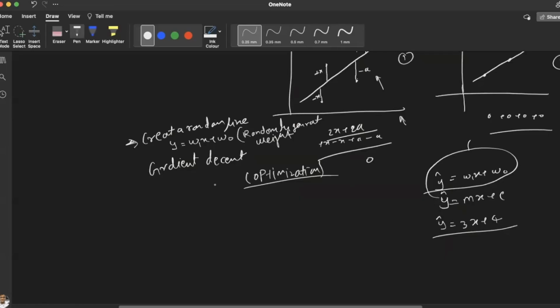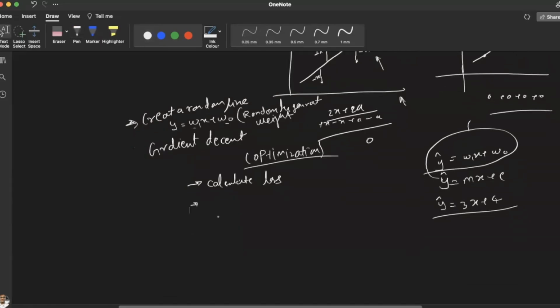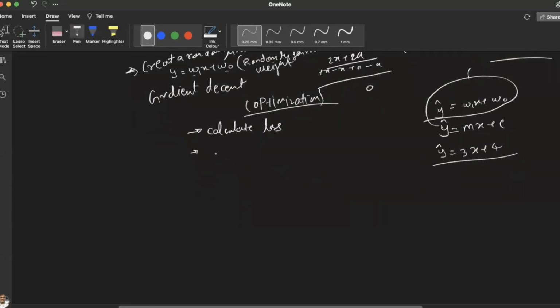So how do we do this here? First, we will have random values for W0 and W1. We have a line y equals W1x plus W0. And then we calculate the loss. This is the first step that we do. After calculating the loss, we take the partial derivative of it with respect to W0 and W1.